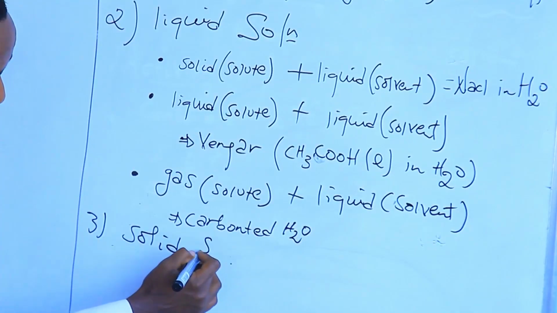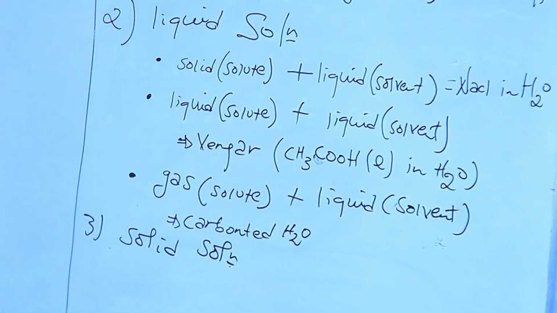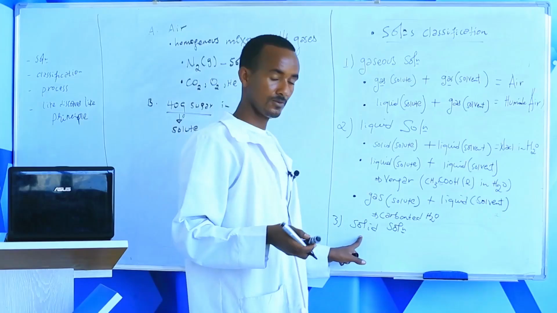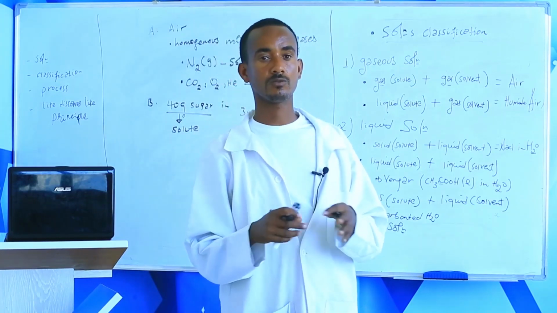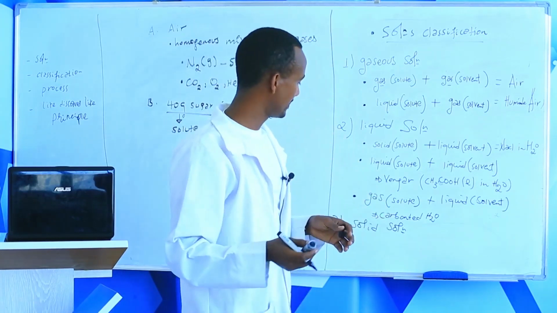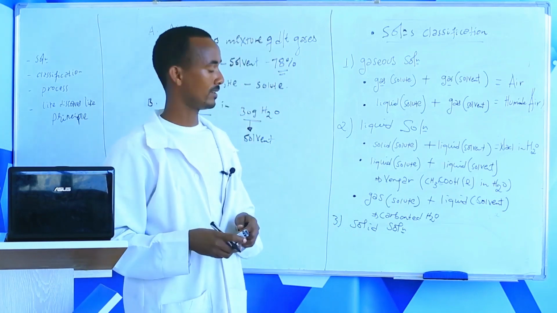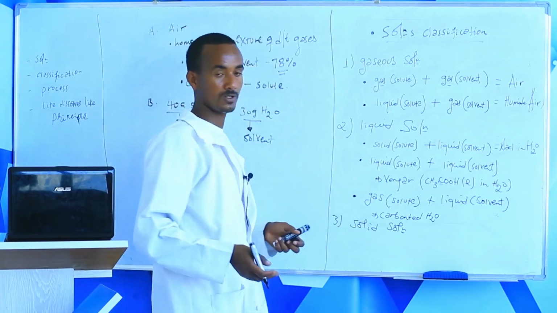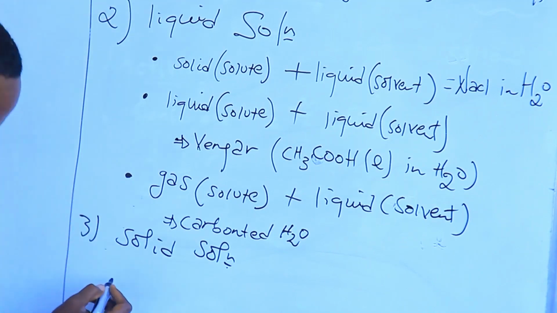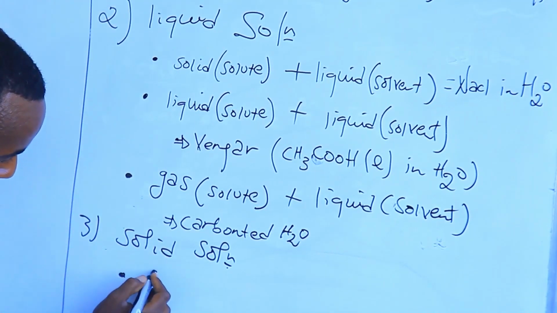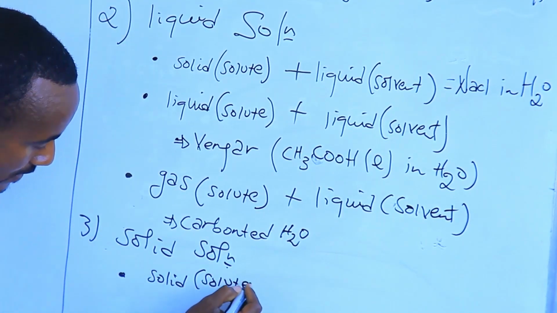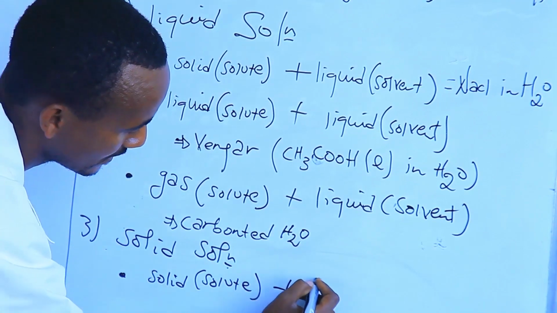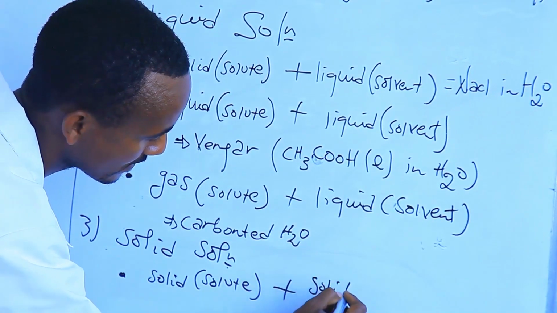And the third class is solid solution. In this case, whatever the physical state of the solute and the solvent, at the end, the solution must appear in solid form. We can prepare a solid solution by dissolving a solid with a solid solvent.